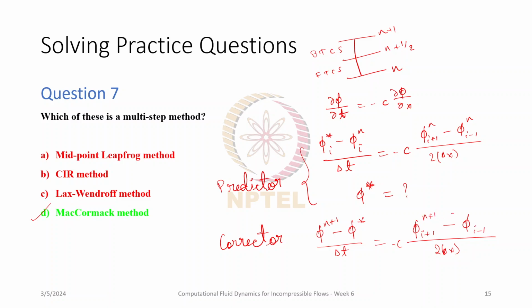So this has to be at the n plus 1th level. Now we can do the opposite as well. We can take the backward in time method for the first step and forward in time for the second step.